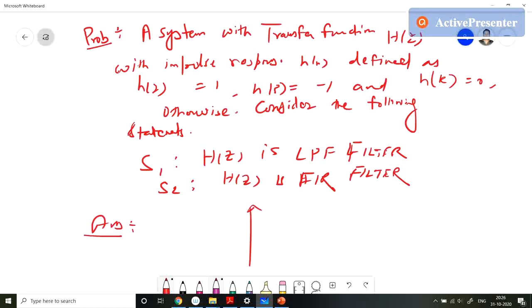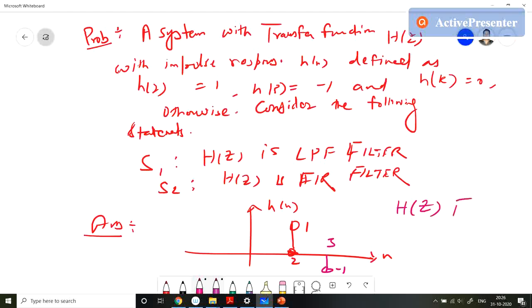So let us plot h(n) with respect to n. h(2) is 1, then we have h(3) equal to -1, and all other points are 0. So what we can say is that surely this is an FIR filter.